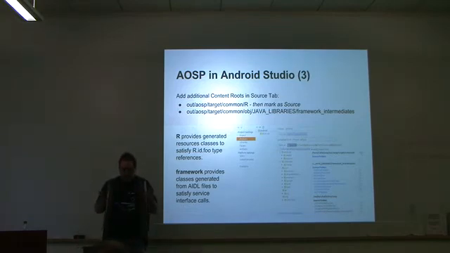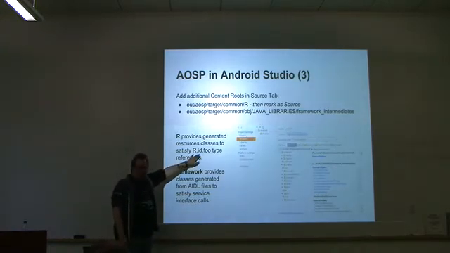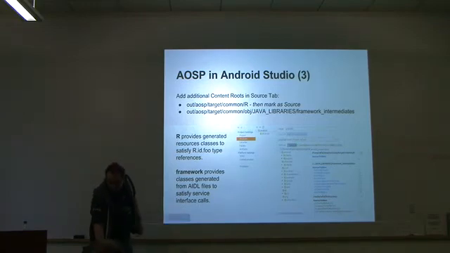Android parses these directories of resource files and then creates Java classes that give you type-safe identifiers for all these resources. So those get generated, and you have to pull in the directory where those wind up.